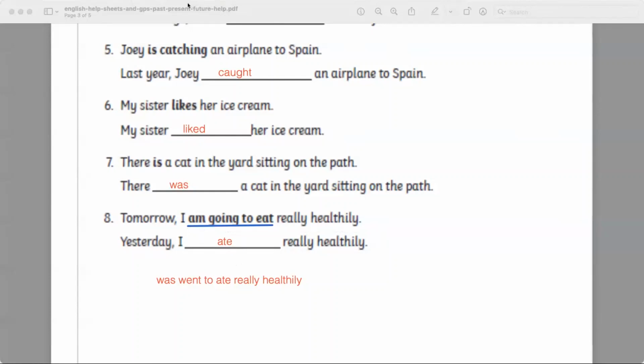Or you can say yesterday I was eating really healthy. Okay, so you can say I ate really healthy or I was eating very healthy. Is that clear for you?